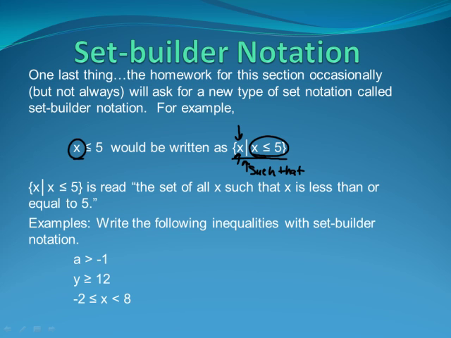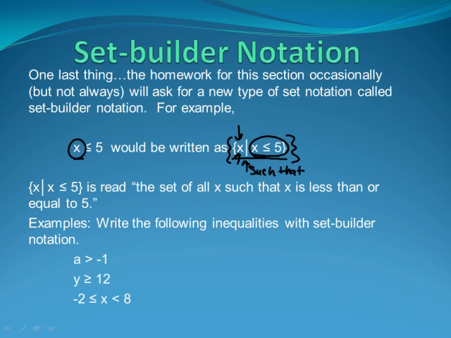In this case, the x values have to be less than or equal to 5. Notice the bracket notation are those curly brackets there. Okay, so that particular set builder notation problem is read as the set of all x such that x is less than or equal to 5.